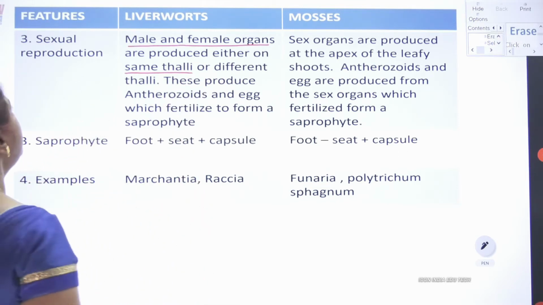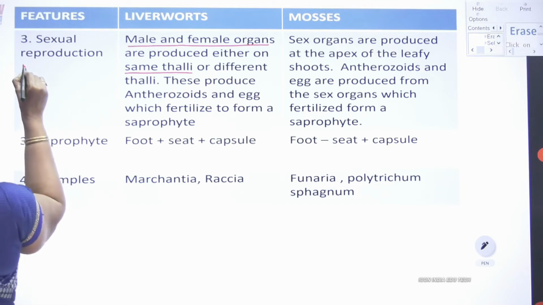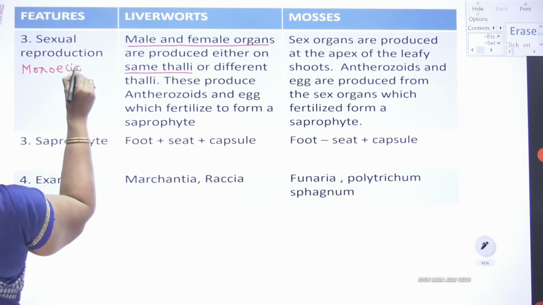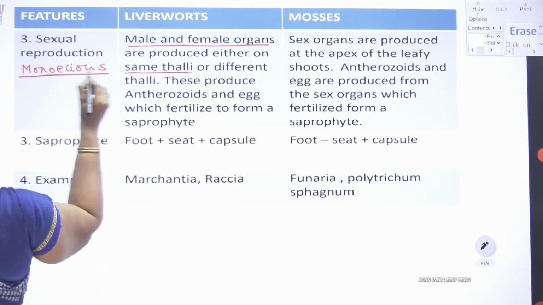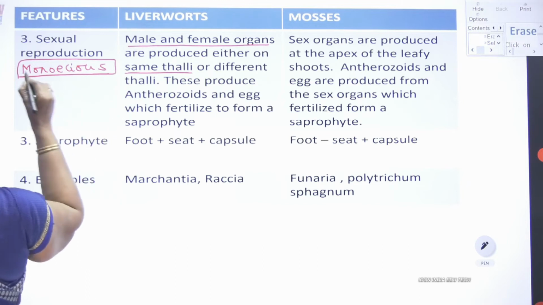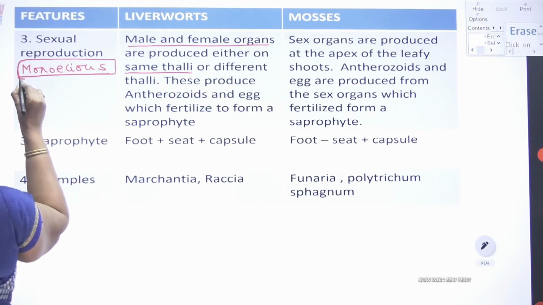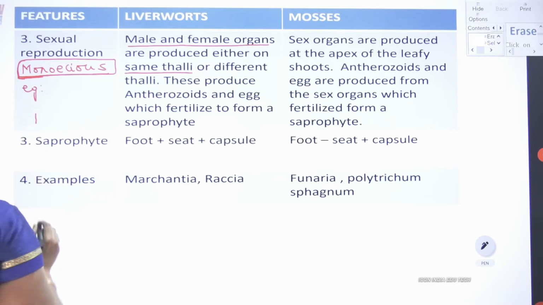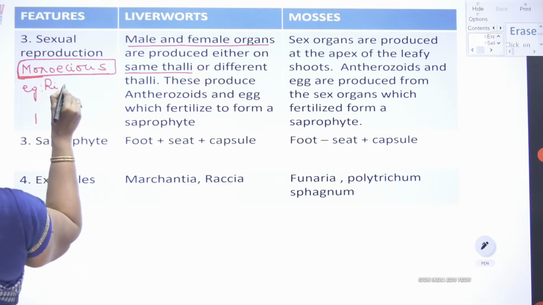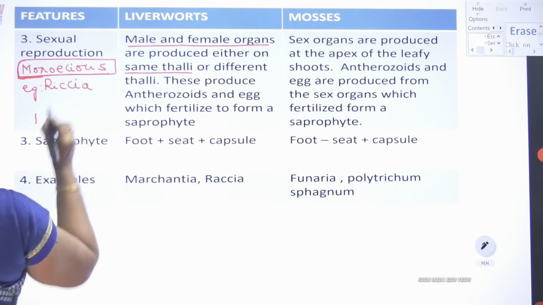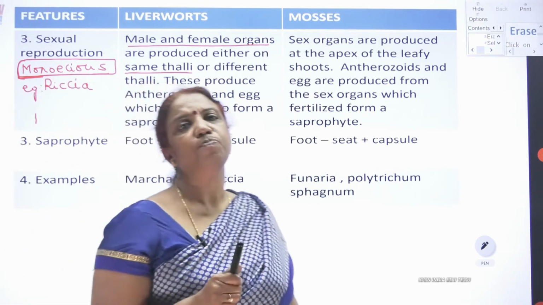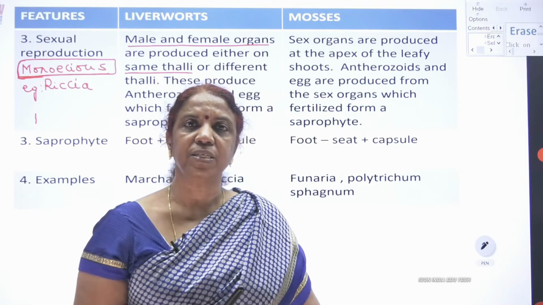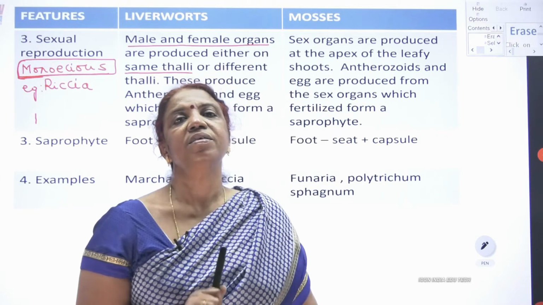That is called monoecious. If the antheridia and archegonia are present on the same thallus, it is called monoecious. The example is Riccia. Riccia is a monoecious plant, because antheridia and archegonia are present on the same thallus.